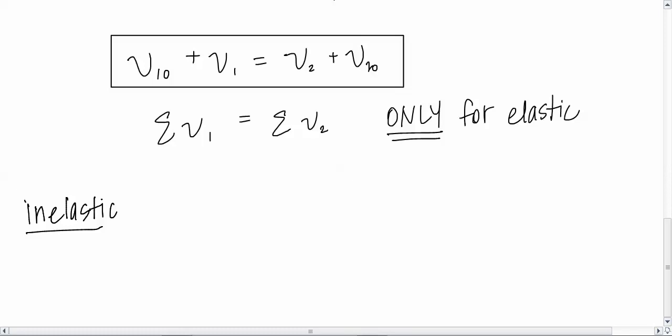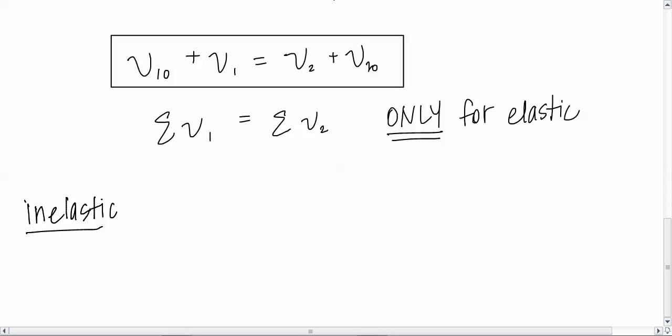Most collisions that you have ever experienced are inelastic. And there are varying degrees of inelastic collisions, from a collision where the objects bounce off each other and energy is not conserved during that collision, to collisions where the objects actually stick together.